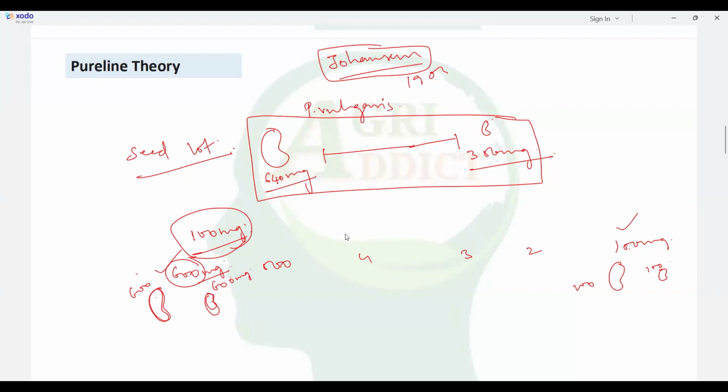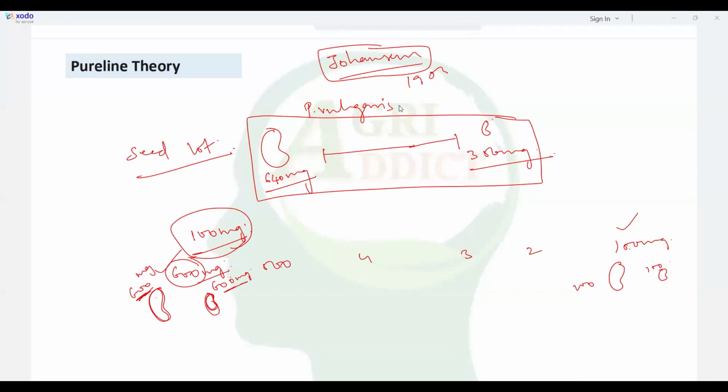So can this happen? Can the largest one and even the smallest one weigh the same grain weight? Yes or no? No, sir. Can this situation happen? Right? So this situation can happen.